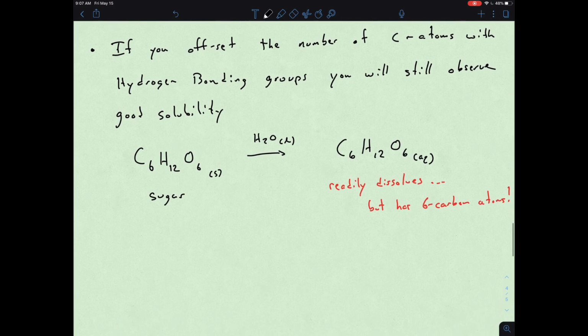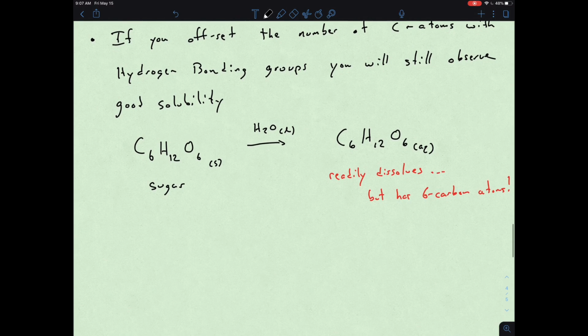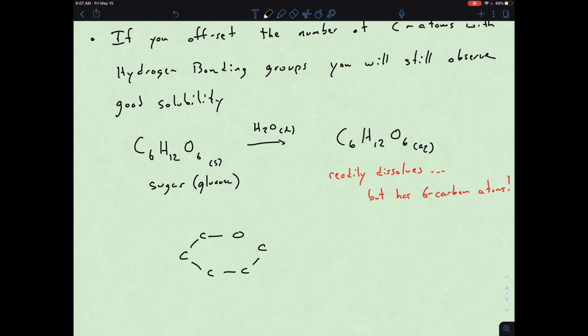If you knew what the structure looks like for sugar, specifically glucose, right? We would have this type of 6-membered ring. And what we have is then a lot of OHs that are actually around the ring.